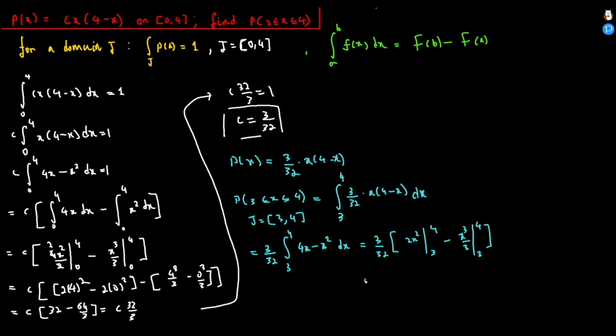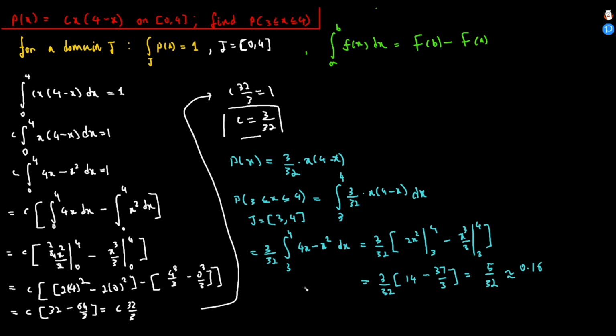And then if you apply the fundamental theorem of calculus, you get, with this exact same process over here, I'm just not going to write that out, it's going to give you 14 minus 37 over 3, which is going to equal 5 over 32, which is approximately 0.16.